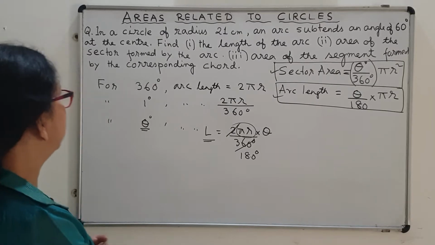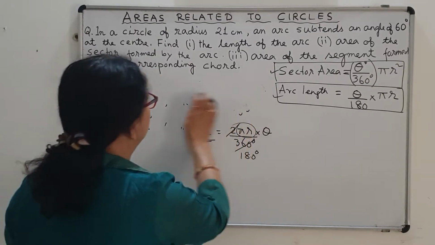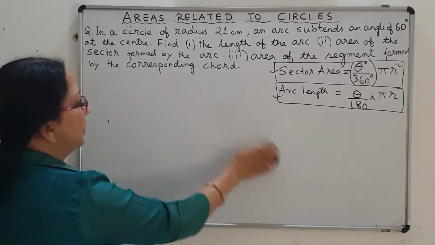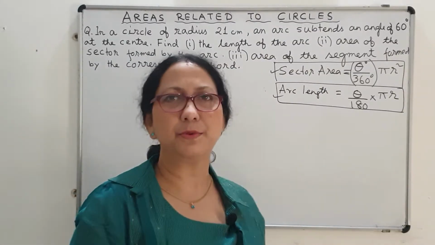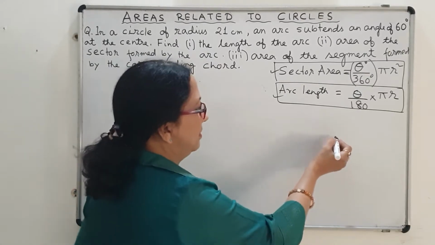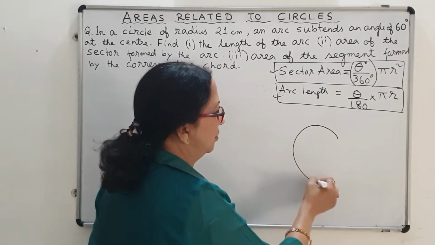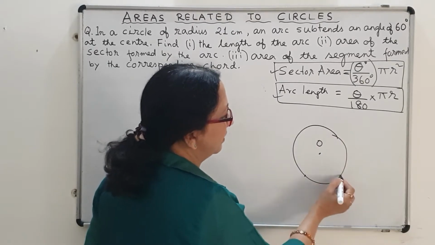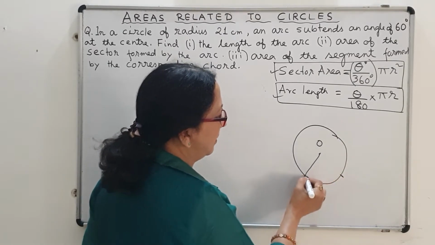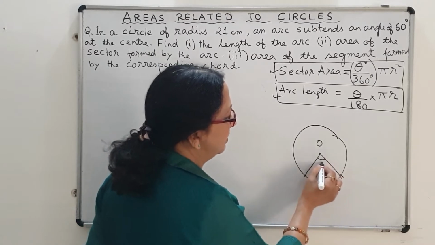Now, another basic area related to circles I have told you about was the segment of a circle, and that was actually this. You simply have to know what a segment of a circle is. So you see the center, and we consider any arc which is subtending an angle of theta at the center.